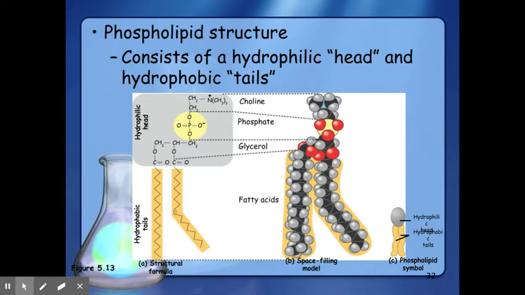What makes this a little bit unique is we have a hydrophilic head, hydrophilic meaning water loving, and then we have this portion down here, which is hydrophobic, and that's what creates that water barrier. This is the lipid component, and this is the phosphate component, which you can see there. That allows it to create that water barrier. Very important example of a lipid, this phospholipid.